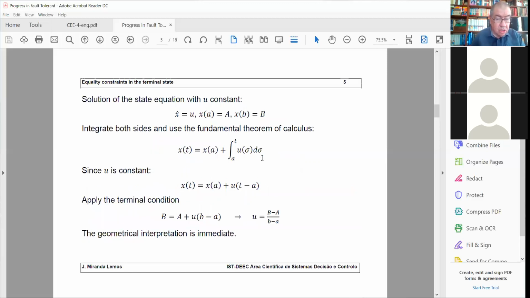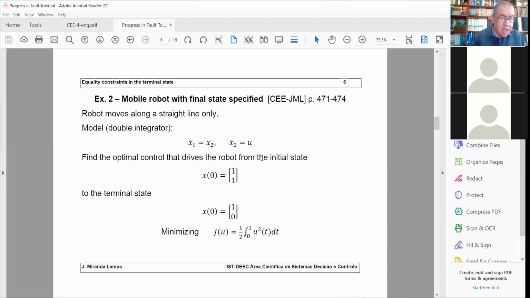So let's solve a more interesting problem, and for which the solution is by no means obvious. So suppose that you have a one-dimensional robot, that is to say, a robot that moves along one direction, that I call the position of the robot along this direction x1, and I call x2 the velocity.